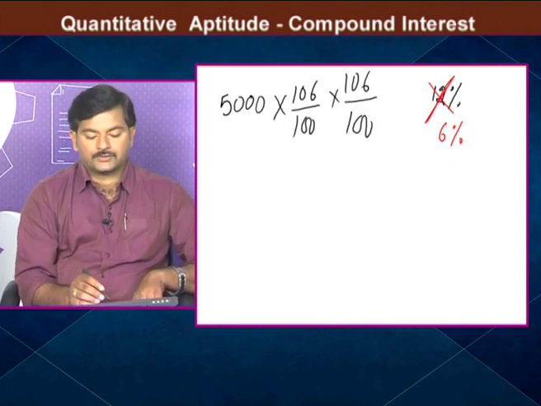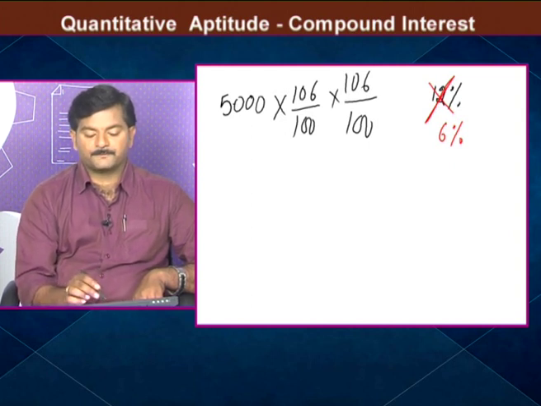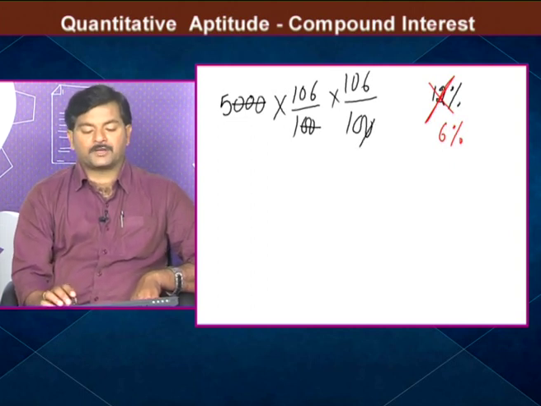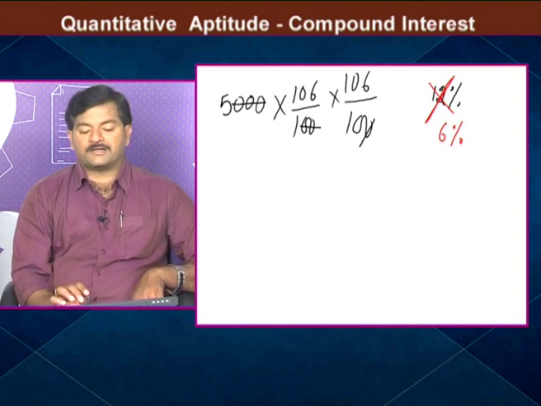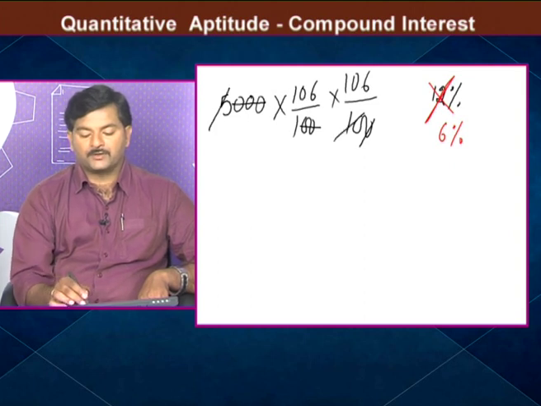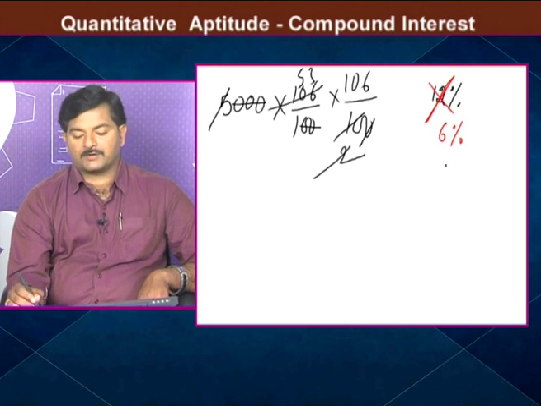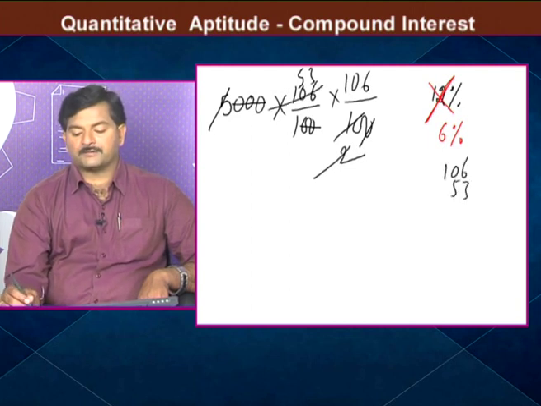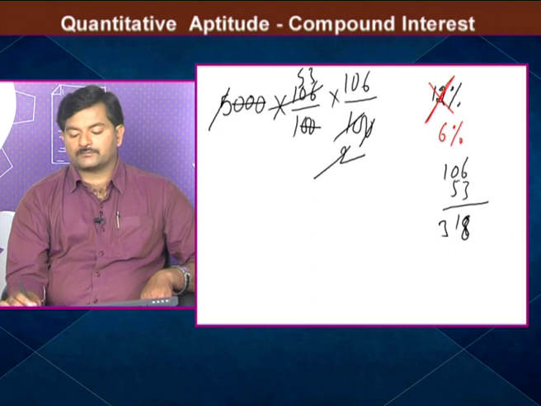Okay, so simplification. For this, 3 zeros, these 2 zeros and 1 zero are cancelled. 106 into 106 into 5, dividing: 5 ones are 5, twos are 2, 1s are 2, 5s are 2, 3s are... So 106 into 53. 3 6s are 18, so 30.